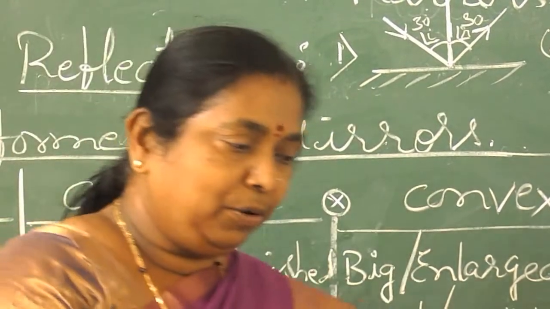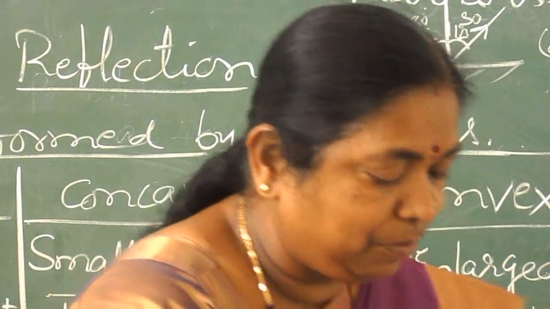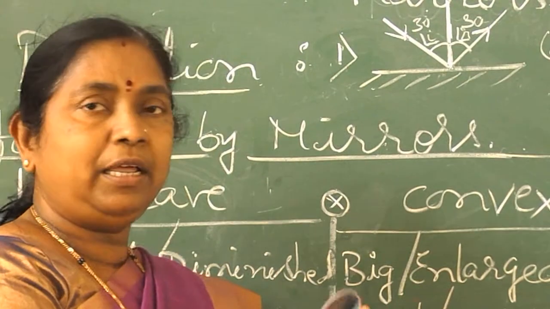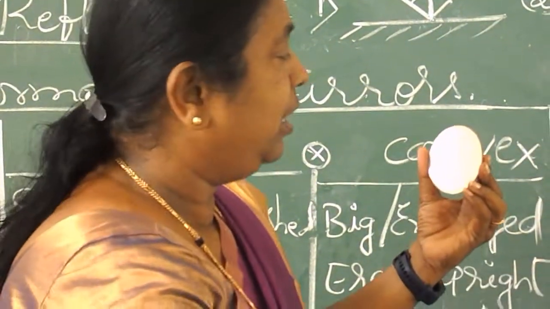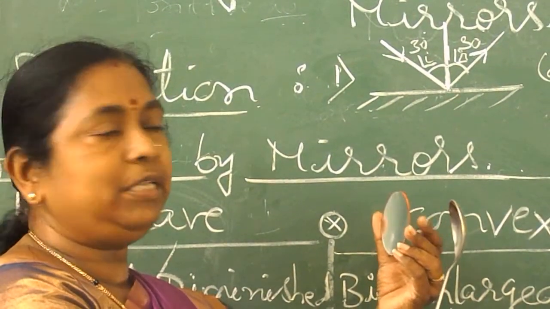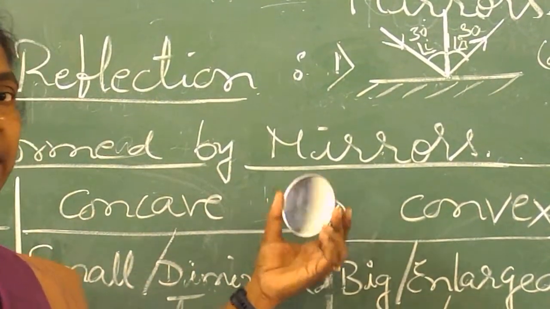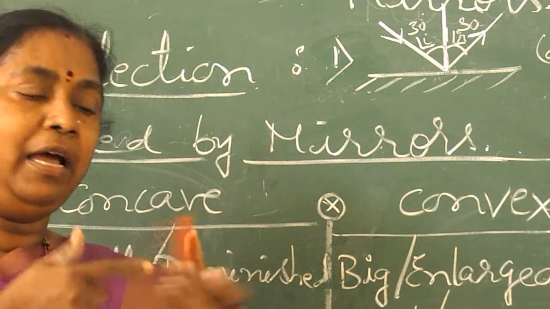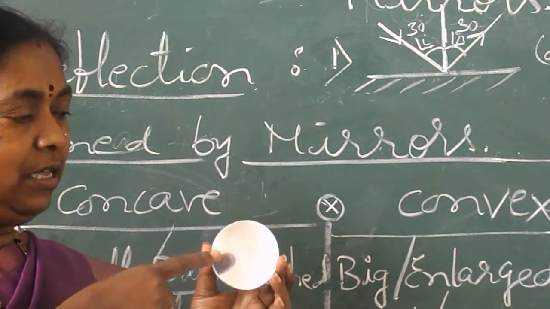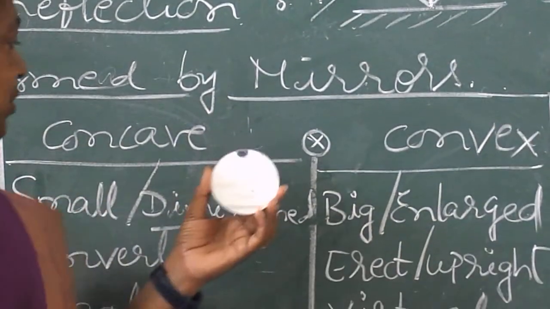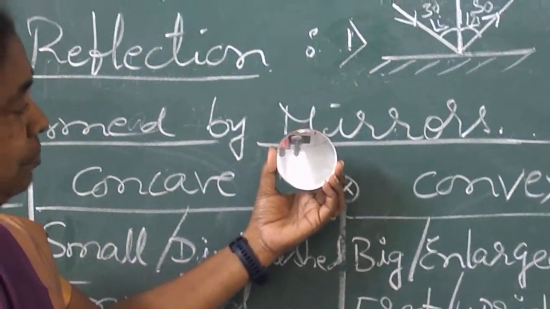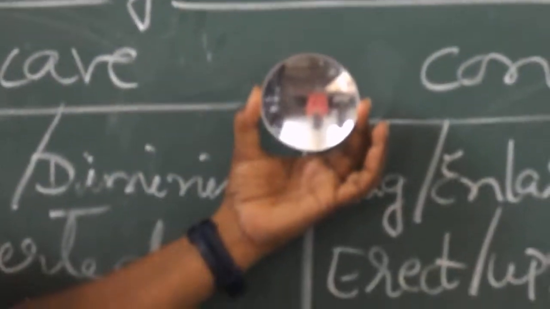Then let us look at the concave mirror, which has a curved surface. One side is enamel painted and the other side is polished, which is the reflecting part. The object seen through it is always small, diminished.